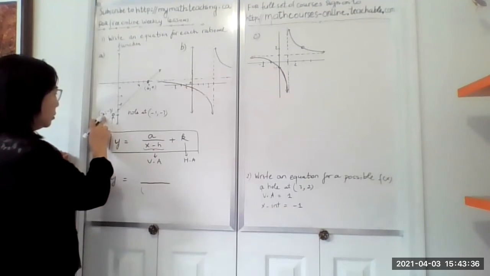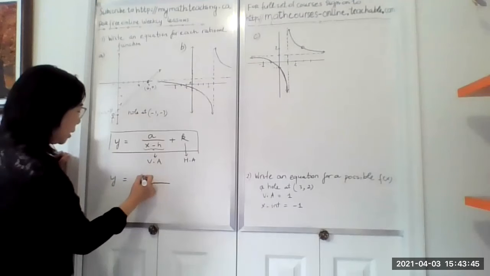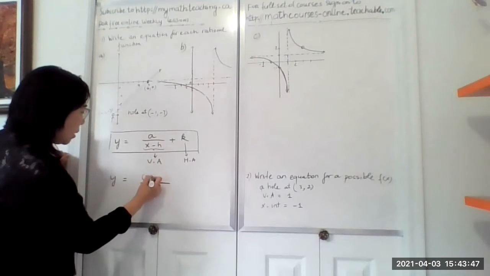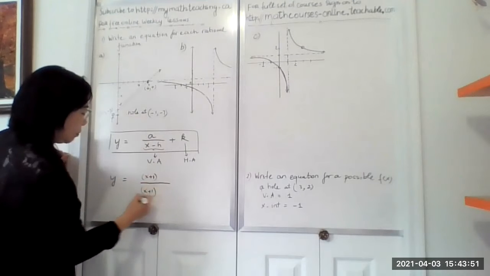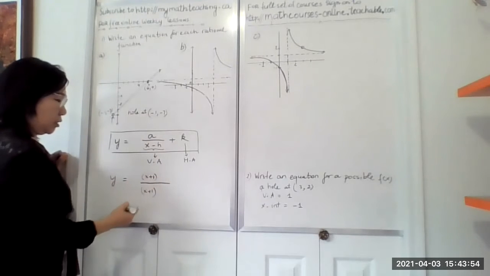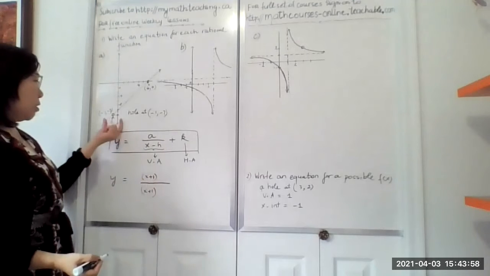So for the x of the hole here, x equal minus 1, it means we will have an x plus 1 on the top and also x plus 1 at the bottom so that we can cancel. So this is the first step, we establish this based on the hole.